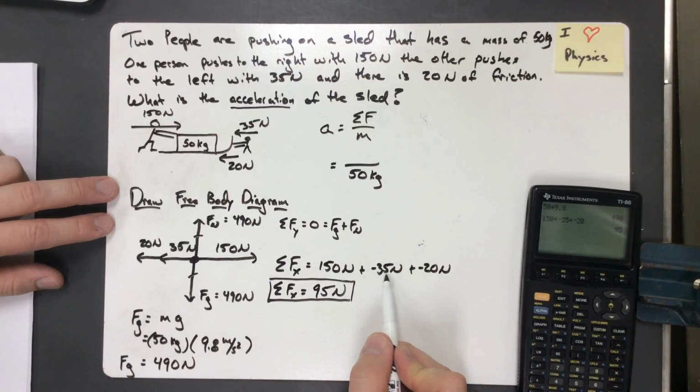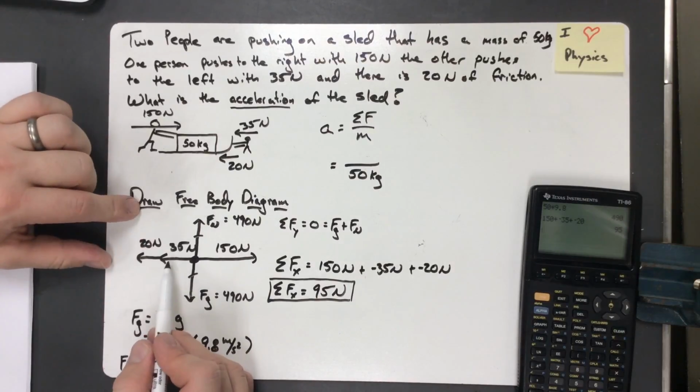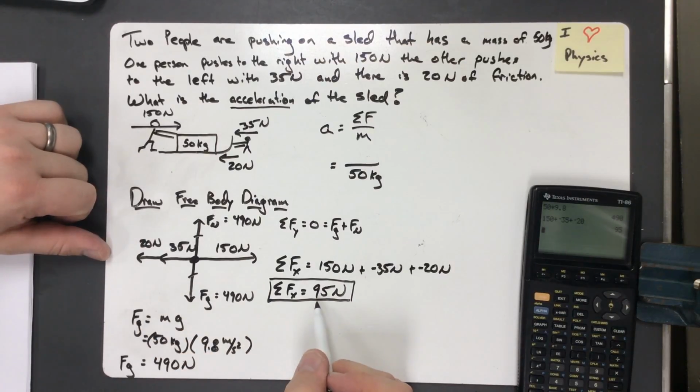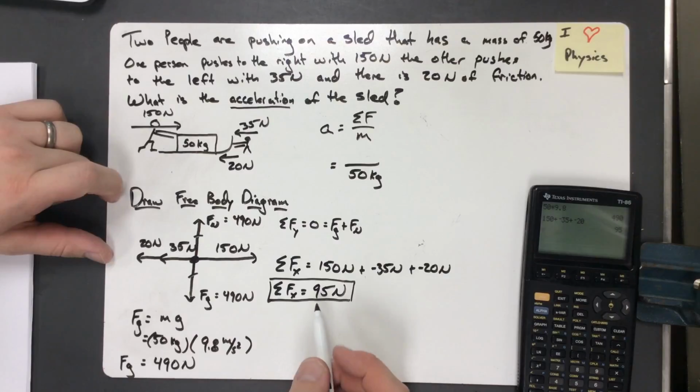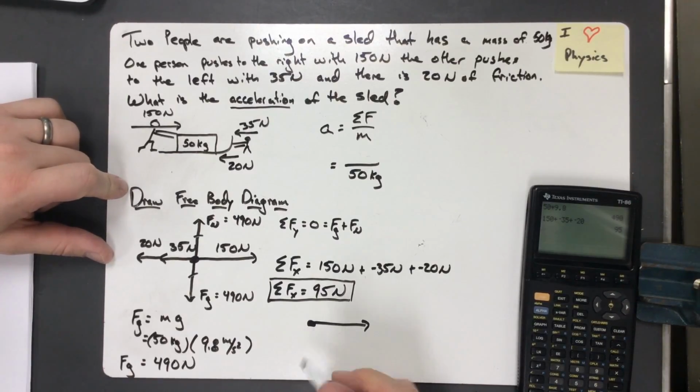And then I added to that a negative 35 newtons and negative 20 newtons, because both of those are going to the left. And when you add that together, you get a total net force of 95 newtons. We could illustrate that like this. All right, so there is our net force acting on the object.